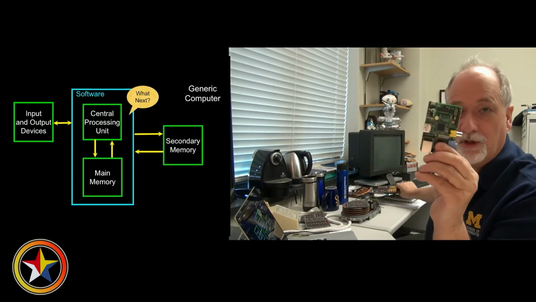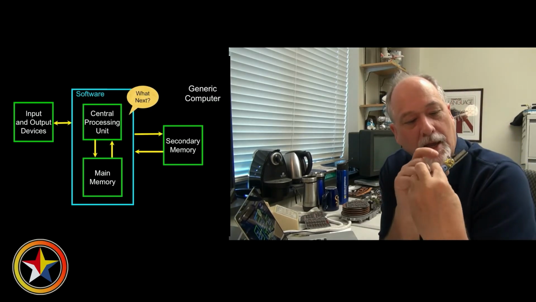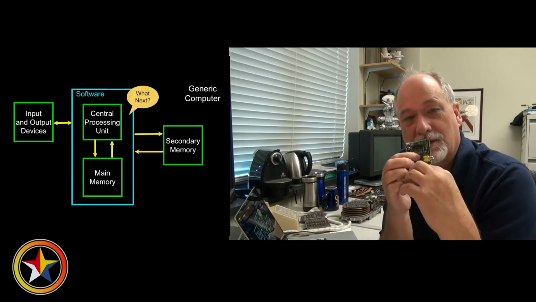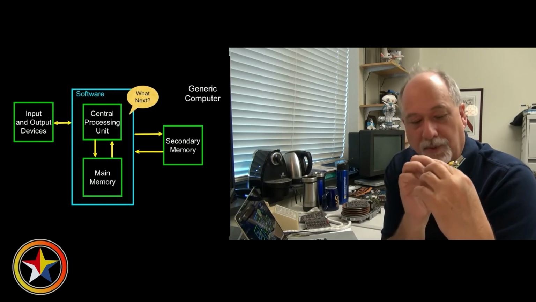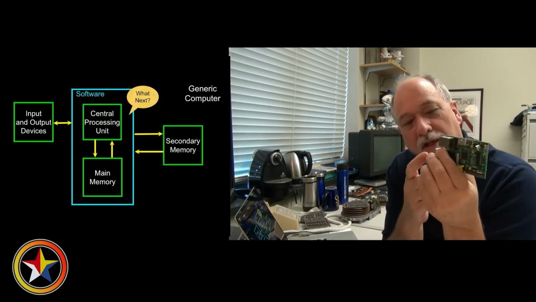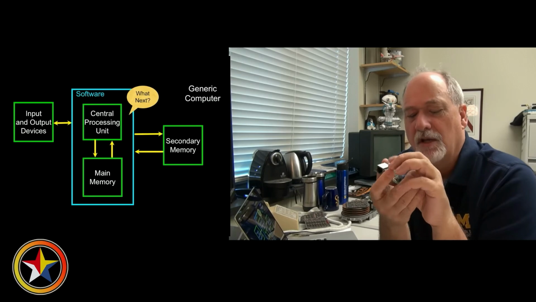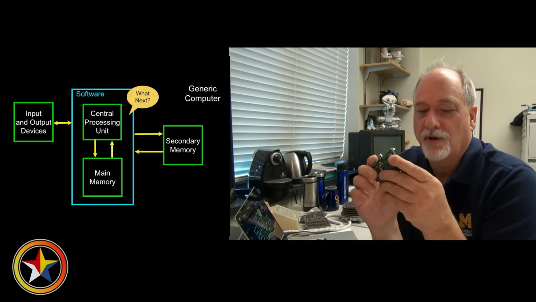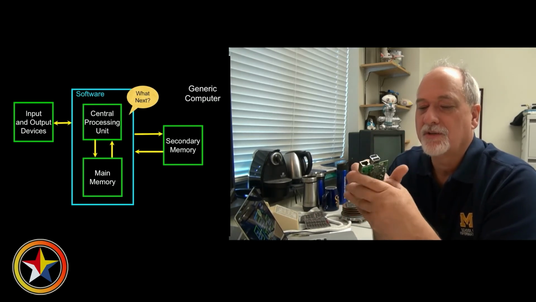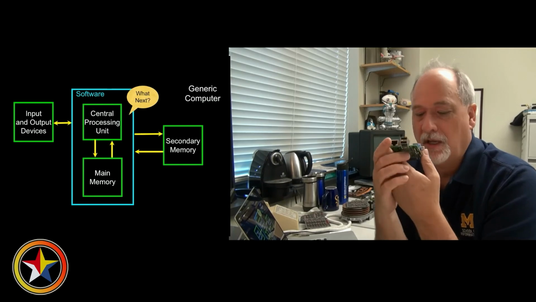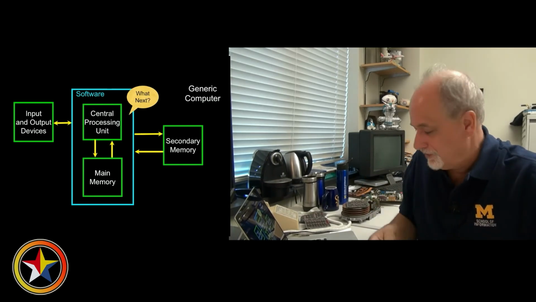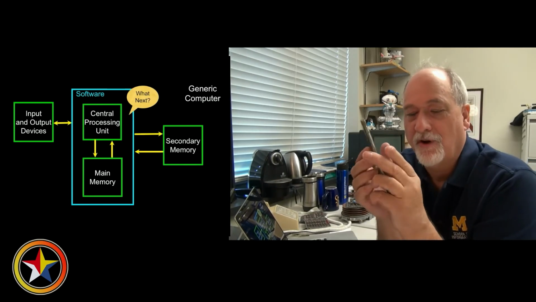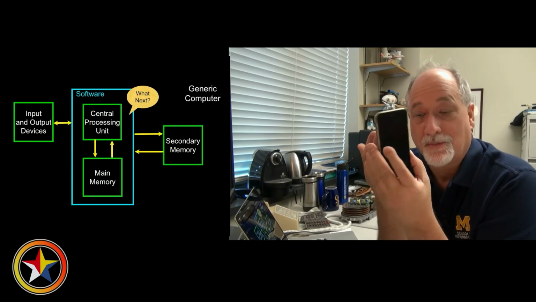This little single board computer called a Raspberry Pi has the main memory, and it has the CPU, it has connections for peripherals like keyboards. It doesn't yet have secondary storage on it. The secondary storage gets plugged in right here via USB. And if you take it one step farther to my phone, it's got the secondary storage built right in.